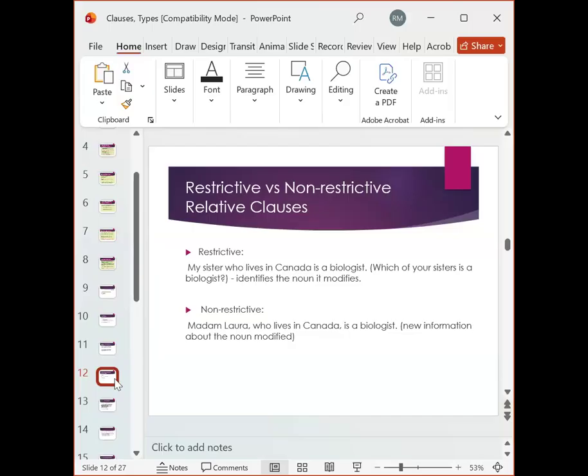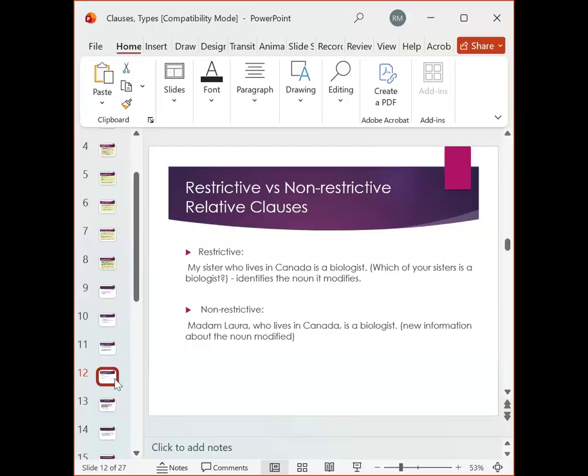But if you want to add additional information to it by modifying it, that structure, if it's a clause, becomes what we call non-restrictive. The meaning is not restricted by that additional information. It's just giving you additional information about the noun. But the first one, which is the defining or the restrictive, seems to be identifying and defining the noun for you.